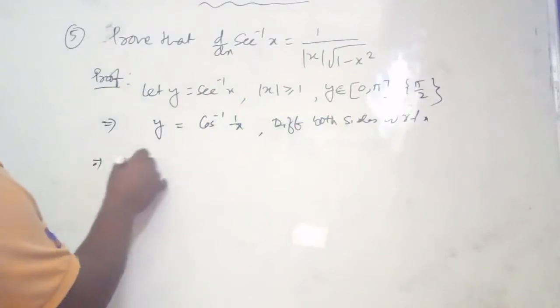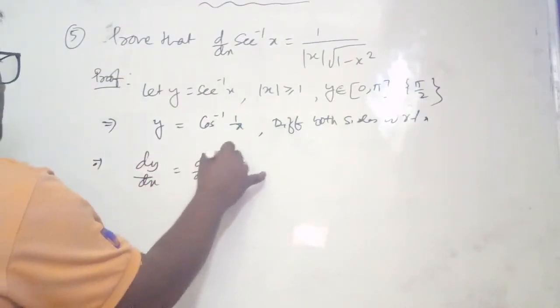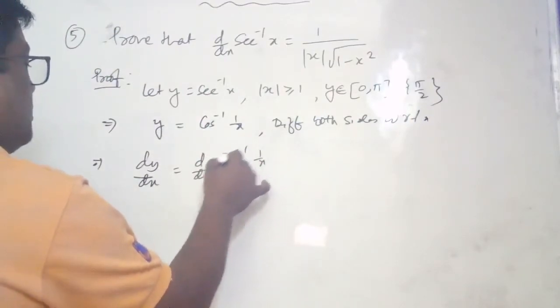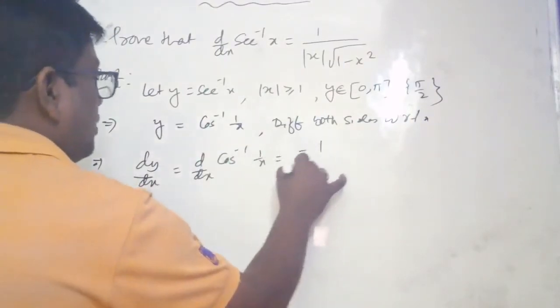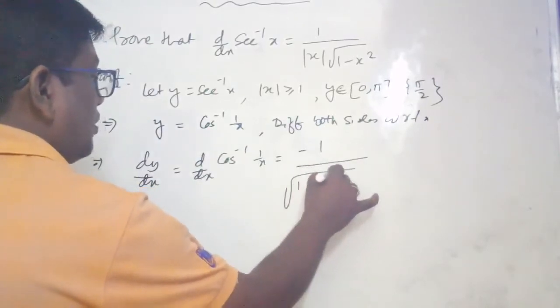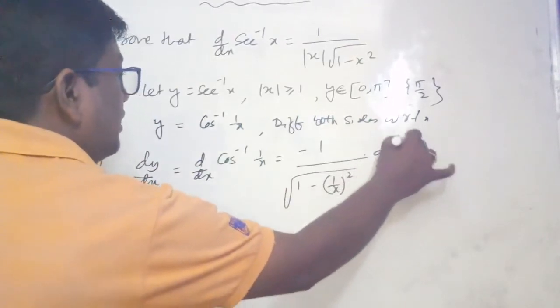This is equal to what? dy by dx is equal to d by dx of cos inverse 1 by x. We know the derivative of cos inverse is minus 1 by root over 1 minus 1 by x whole square, into d by dx of 1 by x.